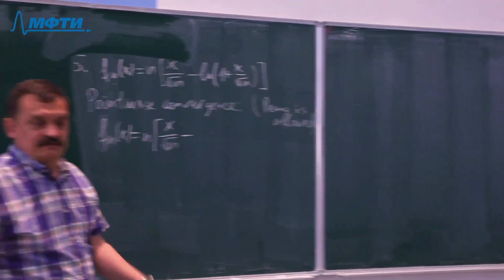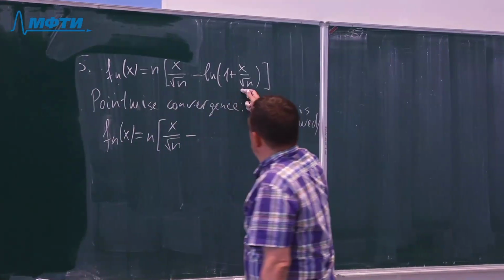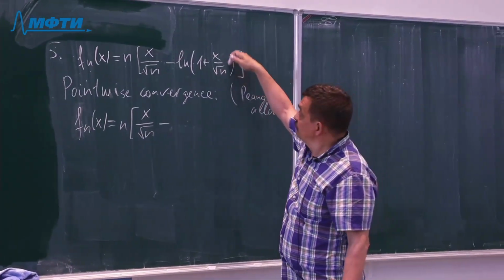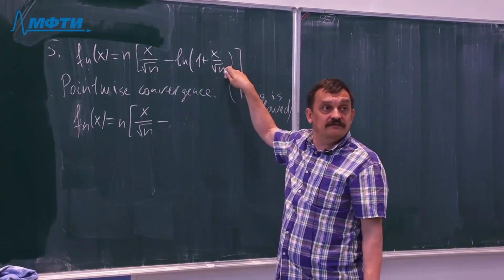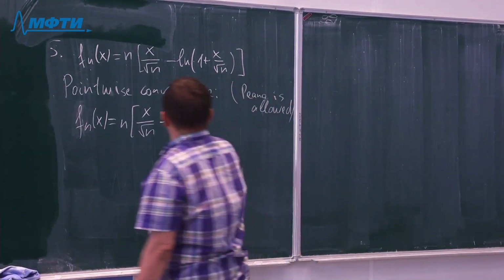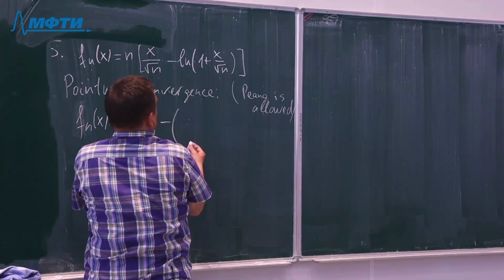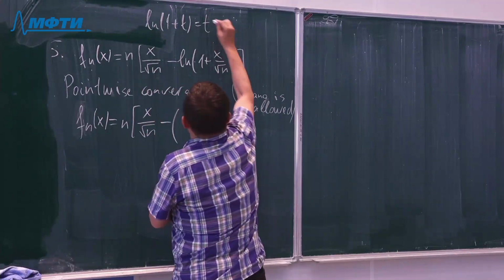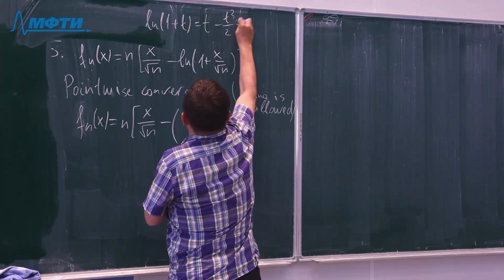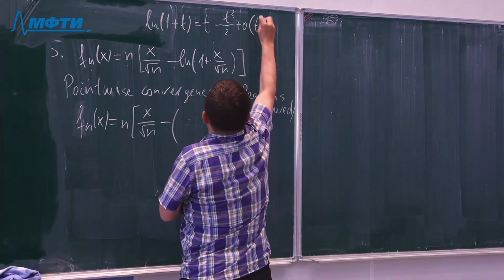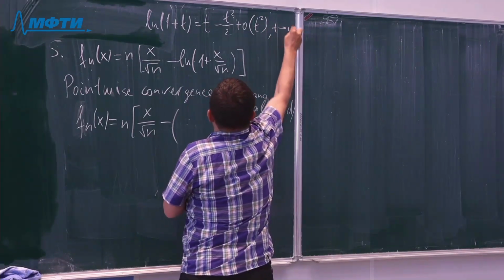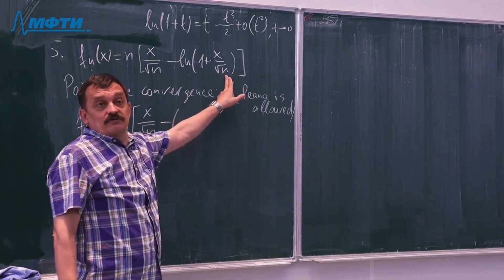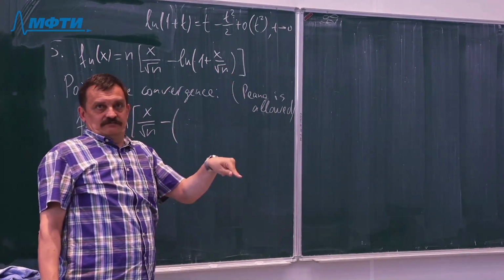x is fixed. n tends to infinity, so this term tends to 0, right? And we can use the Taylor expansion for the logarithm. Let me recall: logarithm of 1 plus t is t minus t squared over 2 plus little o of t squared as t tends to 0. Here I can use t equals x over square root of n, since x is fixed.